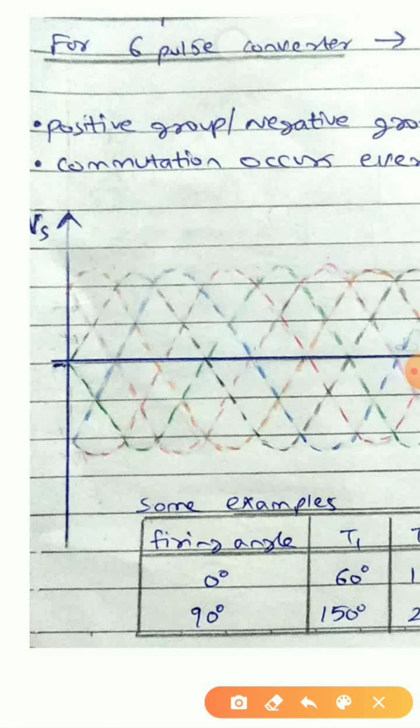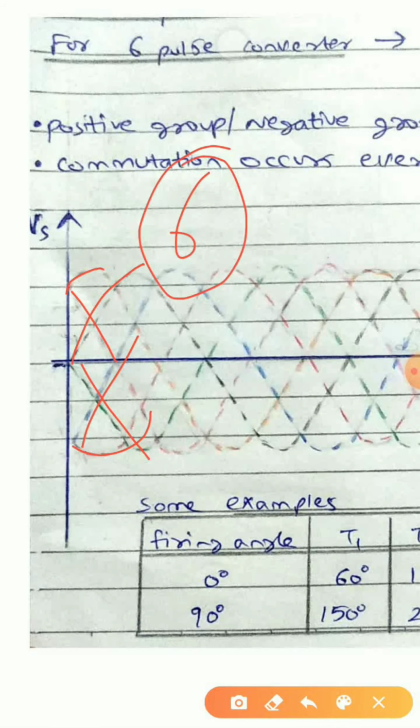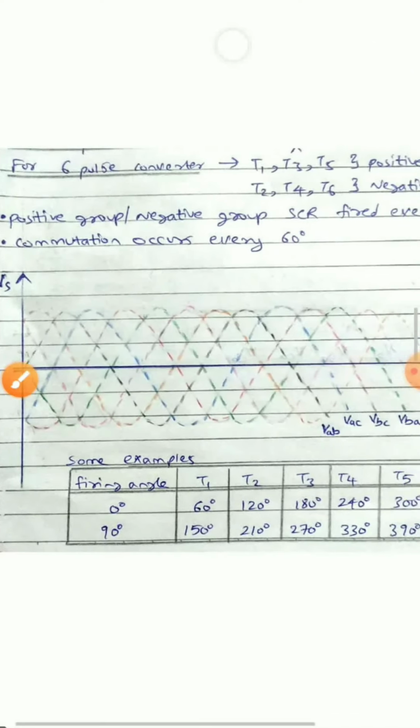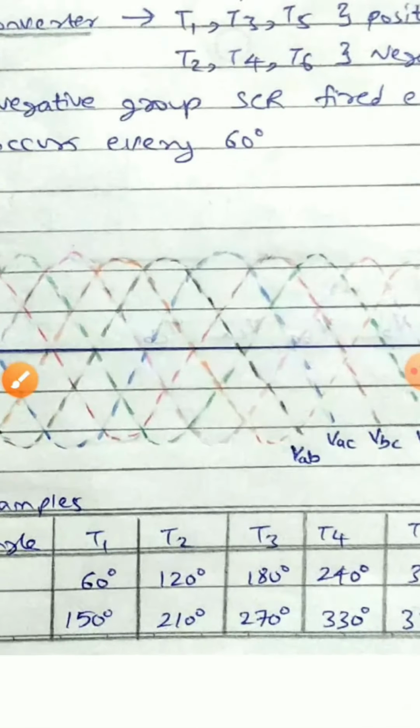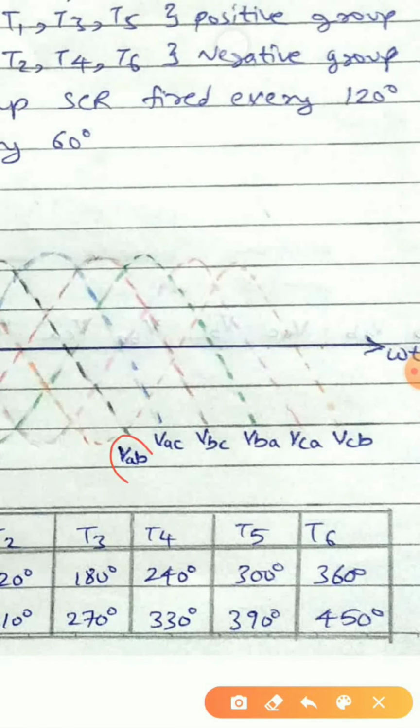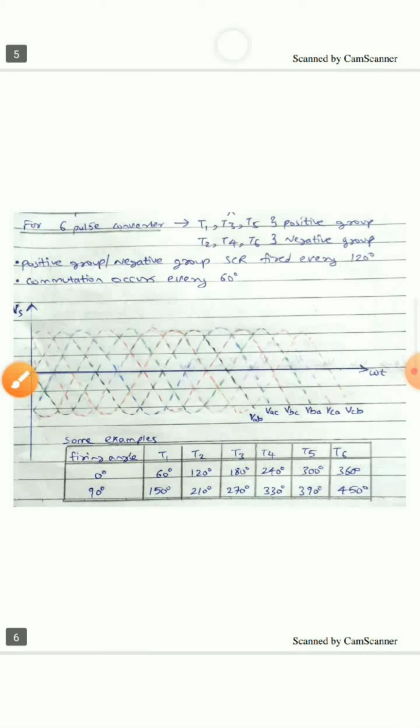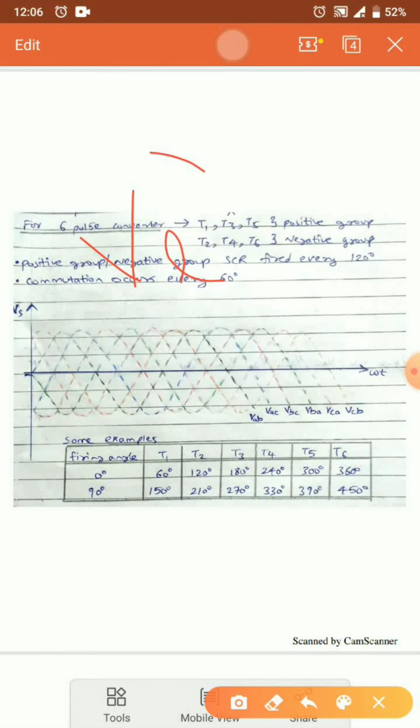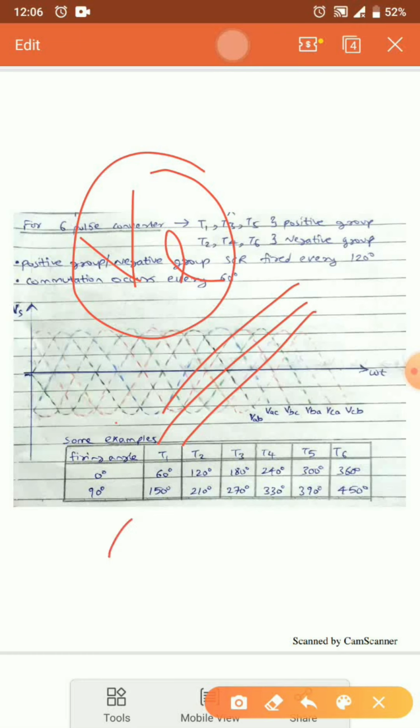So here we can see that this is one wave, second wave, 3, 4, 5, 6. I am having 6 waveforms here. As we know, in three phase we can get different line voltages like VAB, VAC, VBC, VBA, VCA, VCB. We will be using these line voltages because using this we can clearly and easily understand the operation of a three phase 6 pulse converter.